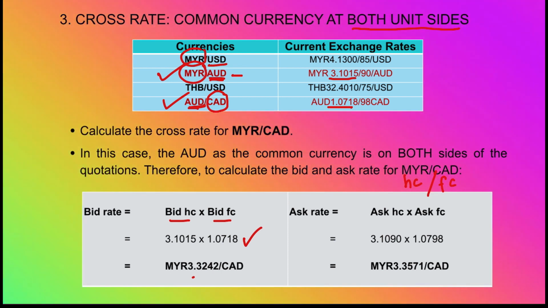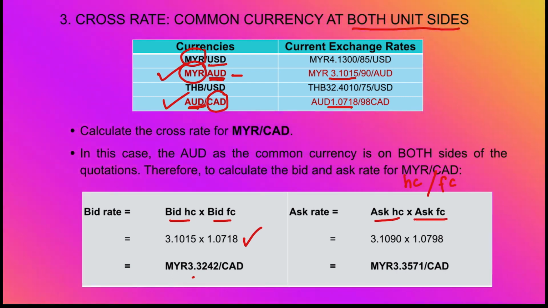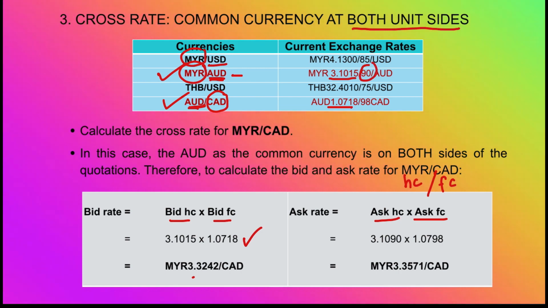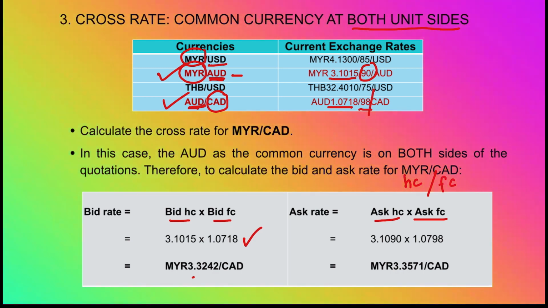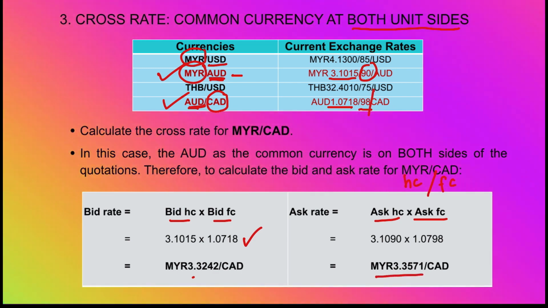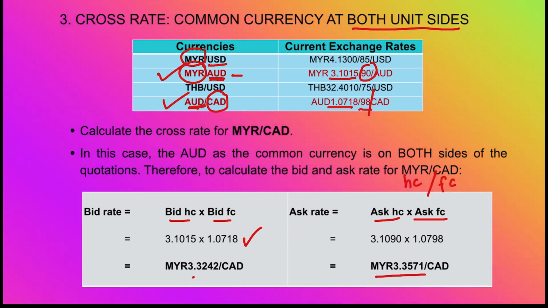For the ask rate, ask home currency times ask foreign currency. So 3.1090 times 1.0798, you will get 3.3571 Malaysia ringgit per Canadian dollar.